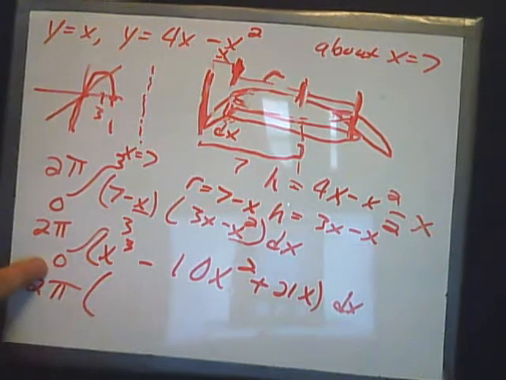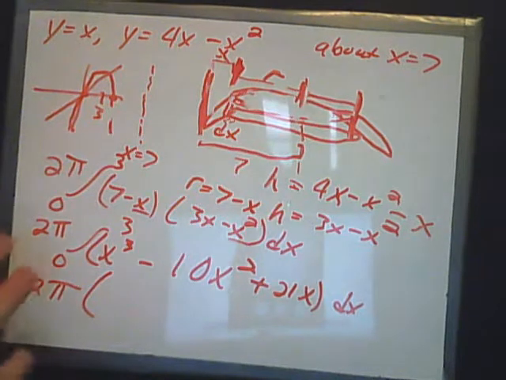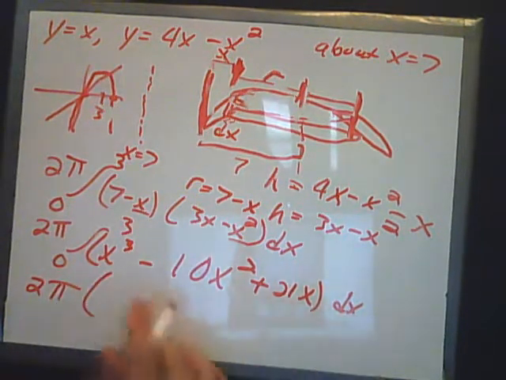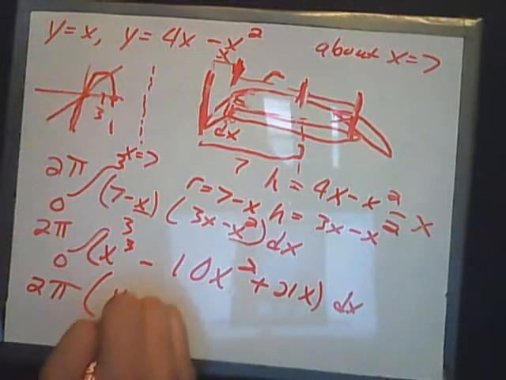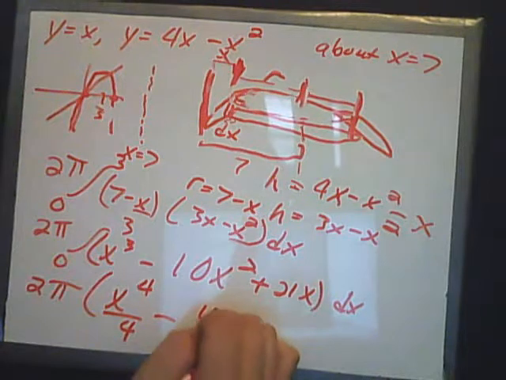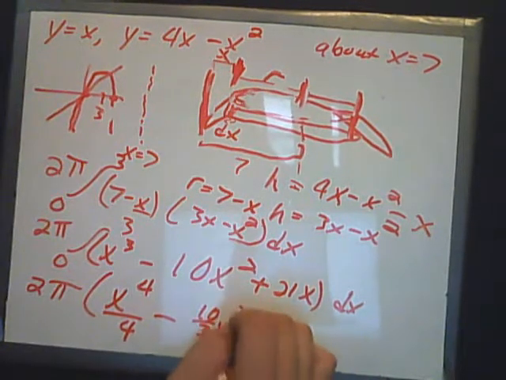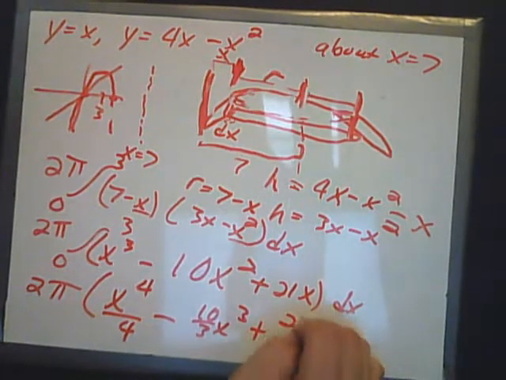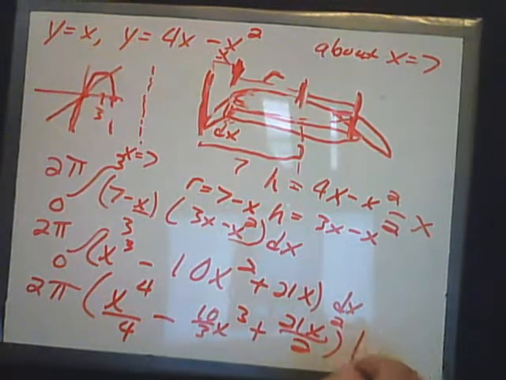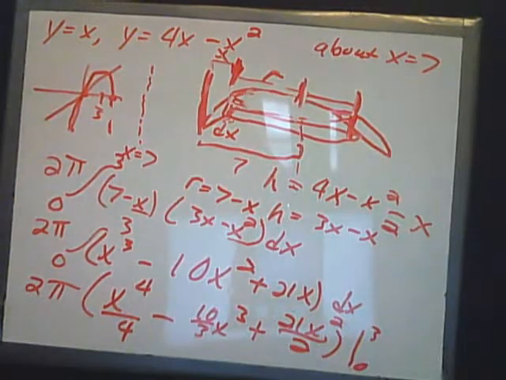Once again, we have 0 as a lower bound, so we won't have to worry about plugging that in. It's just the regular power rule that we've used. So this becomes x to the 4th over 4 minus 10 thirds x cubed plus 21x squared over 2, evaluated from 3 to 0, but once again, 3 is the only one that's really important. So I'll plug in this 3.